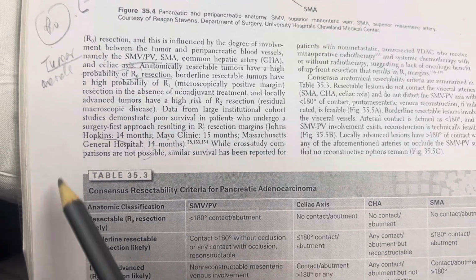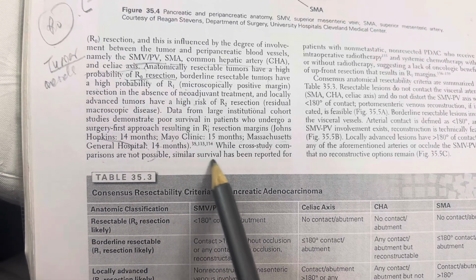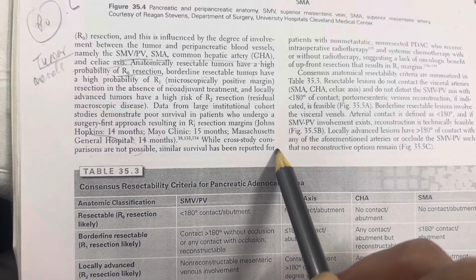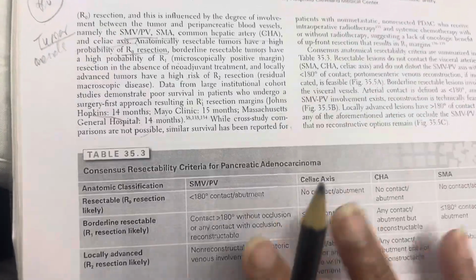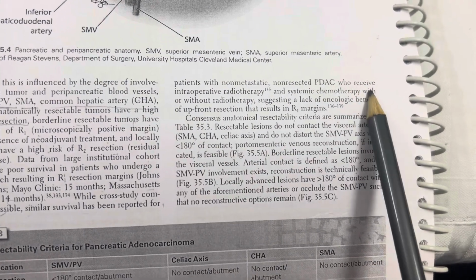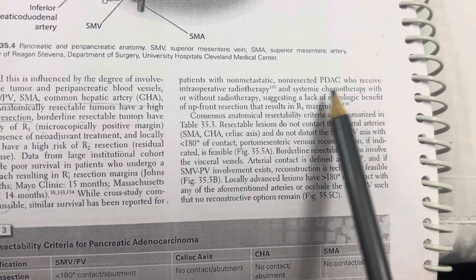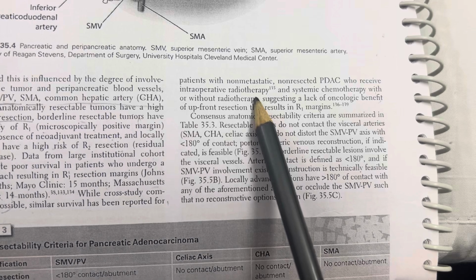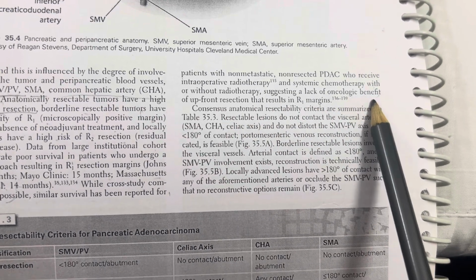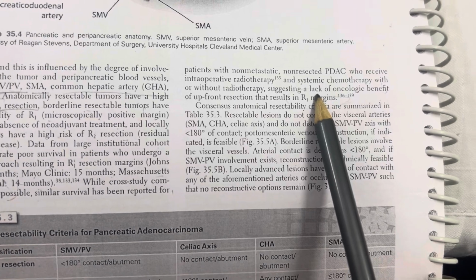While cross-study comparisons are not possible, similar survival has been reported for patients with metastatic non-resected pancreatic ductal adenocarcinoma who receive intraoperative radiotherapy and systemic chemotherapy with or without radiotherapy, suggesting a lack of oncological benefit of upfront resection that results in an R1 margin.